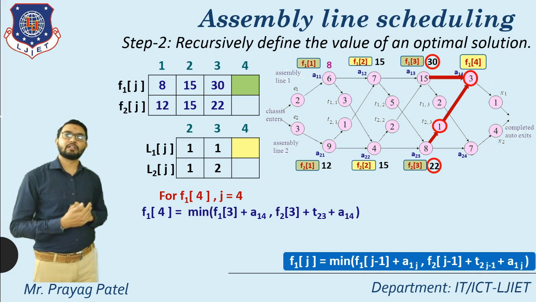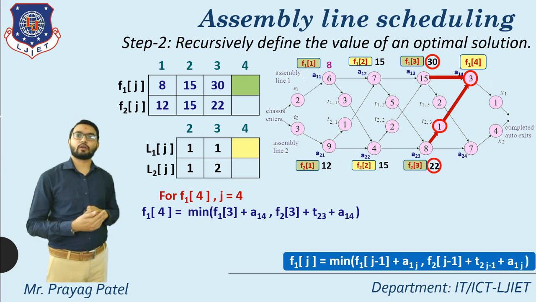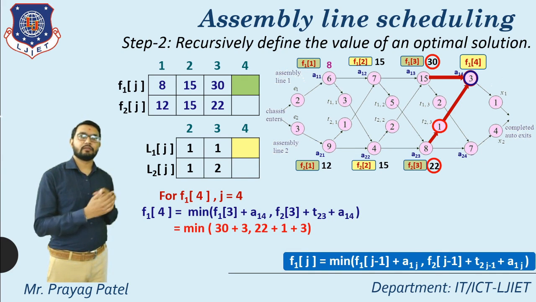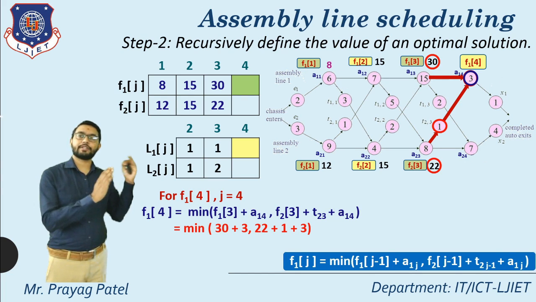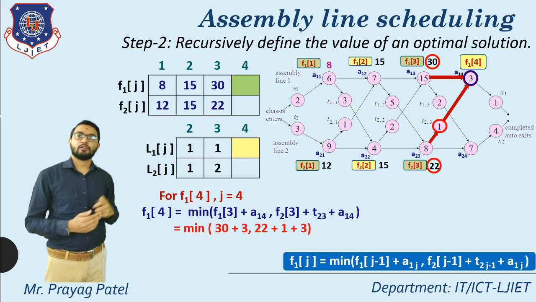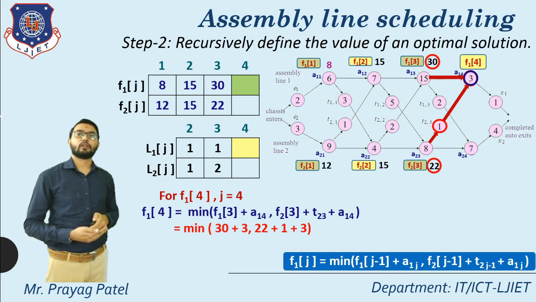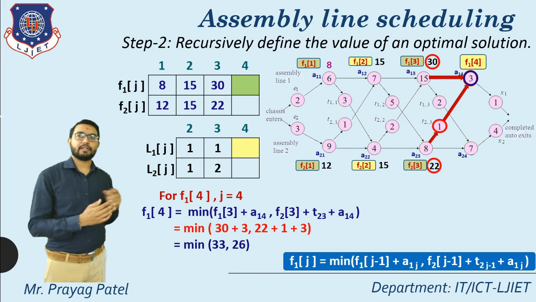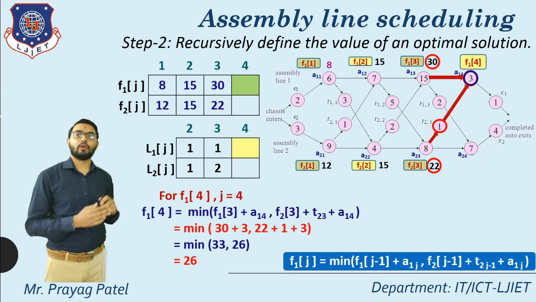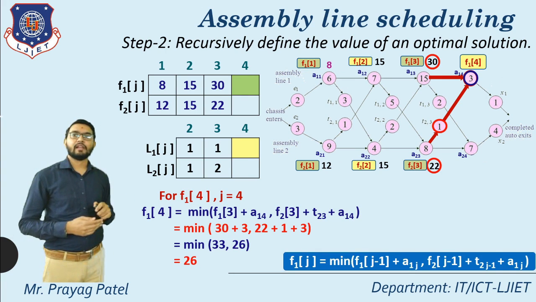So the total cost is the minimum of 30 plus 3, and 22 plus 1 plus 3, which is the minimum of 33 and 26. The minimum is 26, so put the value 26 at our location F14.